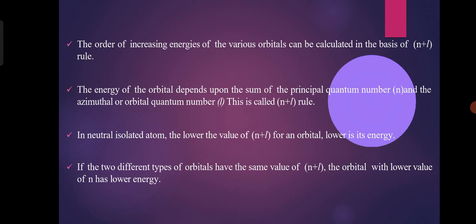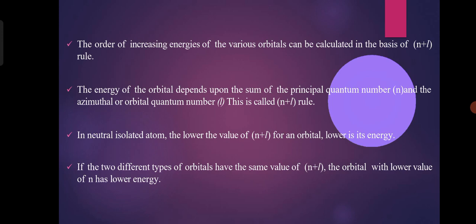So the n plus l value comes to 5, and for 4s the n plus l value is equal to 4. So in the case of 3d and 4s, 4s is filled first because it has lower energy than 3d, since the n plus l value for 4s is less than for 3d. So the electron first goes to the 4s orbital and then to the 3d orbital according to the n plus l rule.